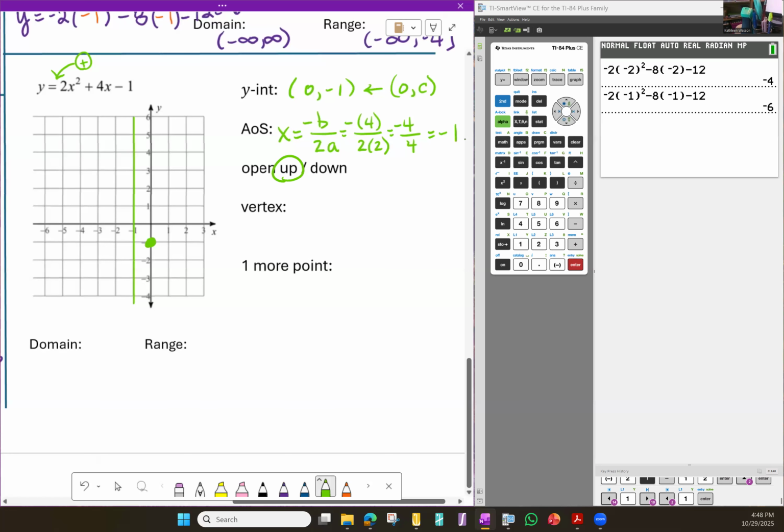My vertex, I know the x part of the vertex is -1, and I'll have to find the y part. To do that, I substitute into this equation. Y equals 2, here's where my x goes, squared, plus 4, another x, minus 1. And the x from my axis of symmetry is this -1, so I'll put -1s here.